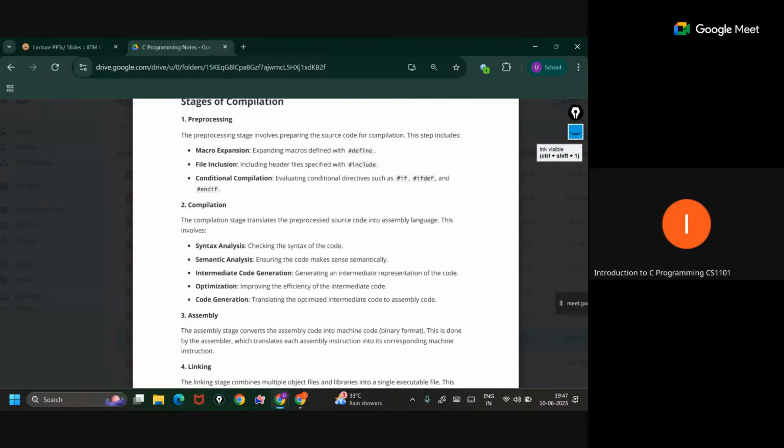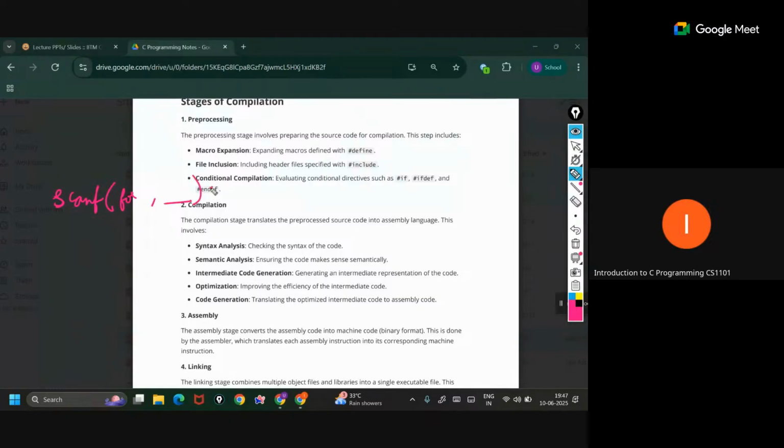Syntax analysis means, let's say I'm giving a scanf. What should be the format of scanf? First I have to give scanf, then a format specifier, then the variable, and then a semicolon. So this is the proper line for scanf, right?